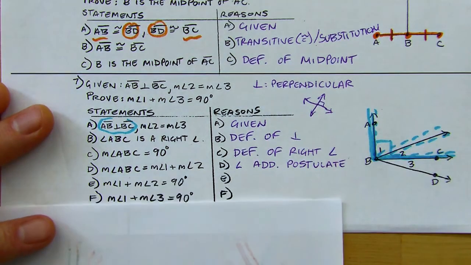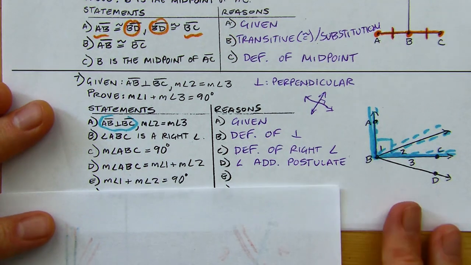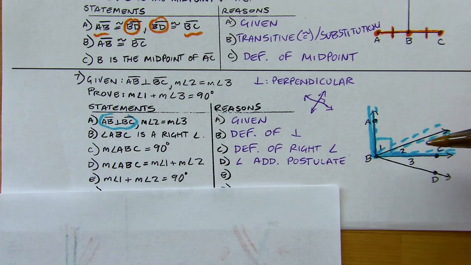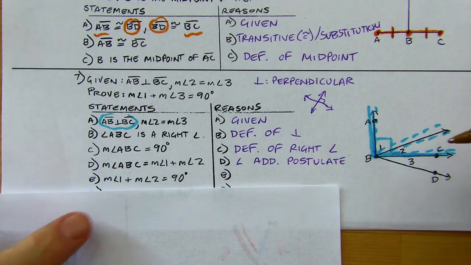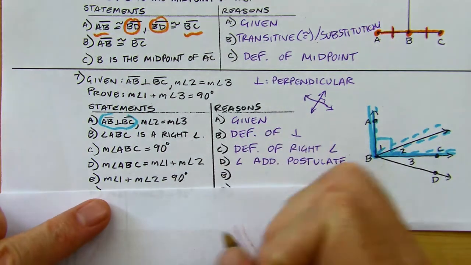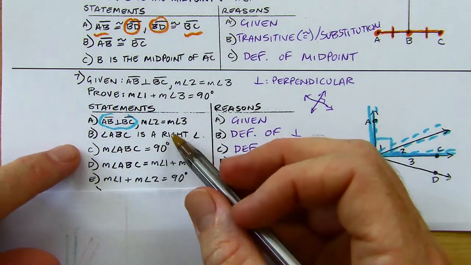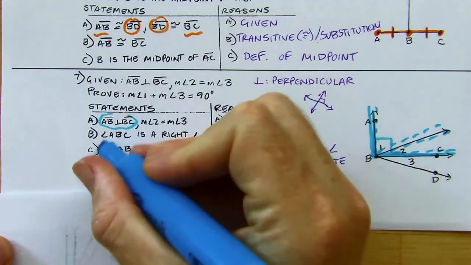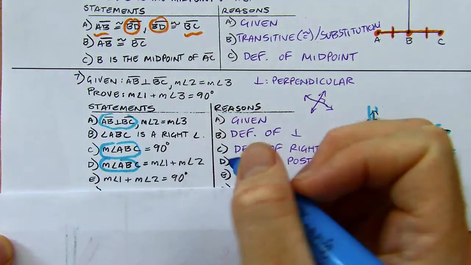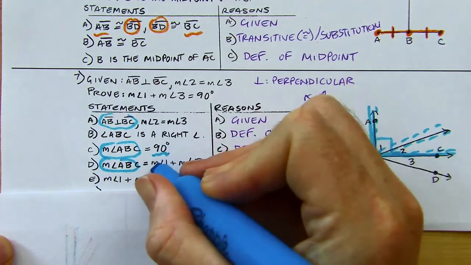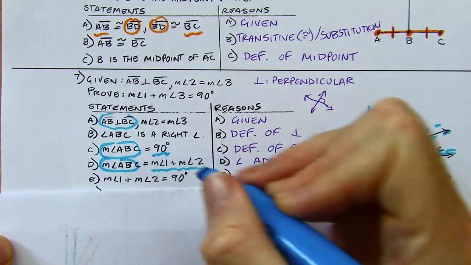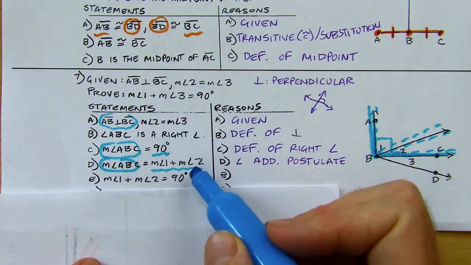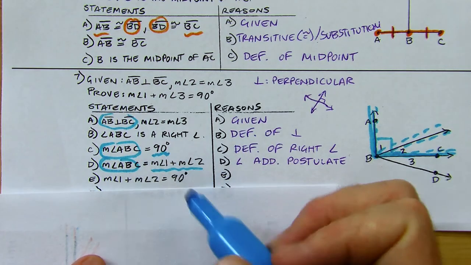Okay. And then step E, we've got those two angles add up to 90 degrees. Okay. So let's see what we can do here. If I look at my previous steps, the steps C and D, I've got two different things that are equal to the measure of 90 degrees. Got 90 is the measure of angle ABC. 90 degrees equals that, and the measure of angle 1 plus the measure of angle 2 equals that.